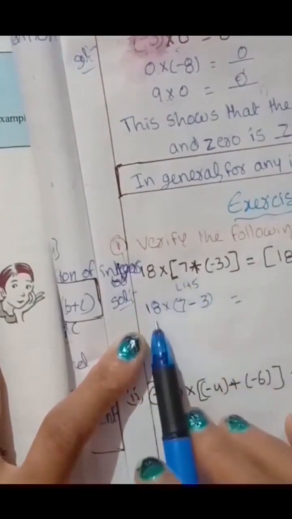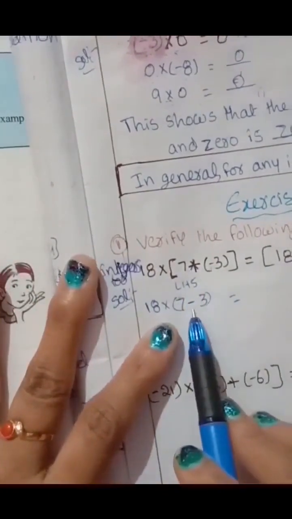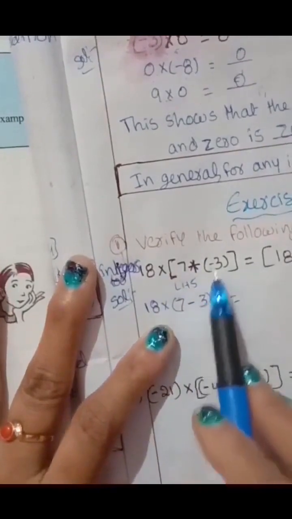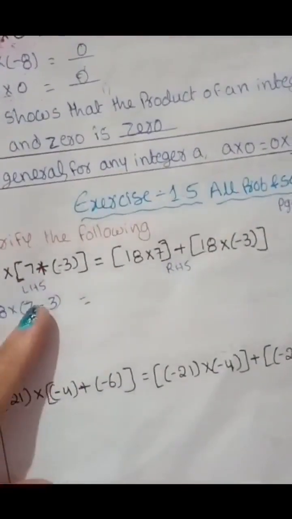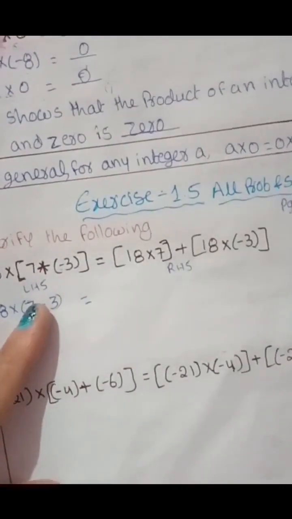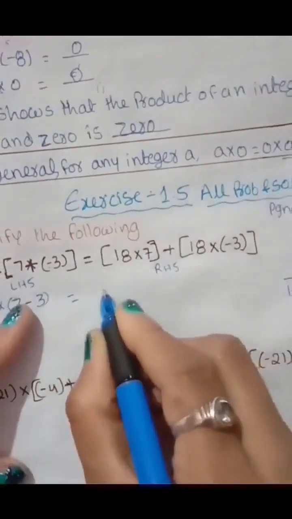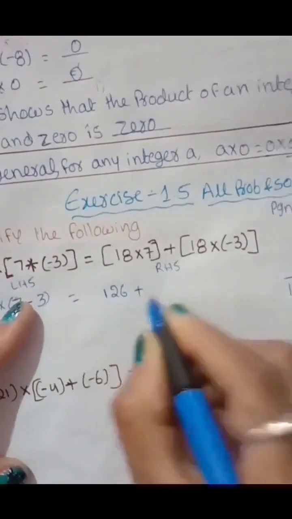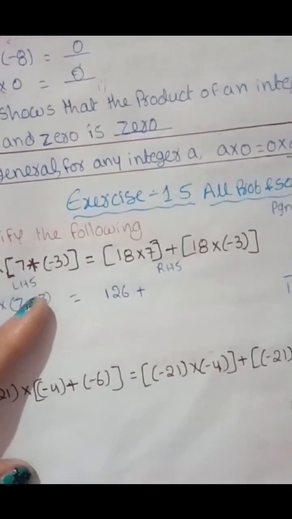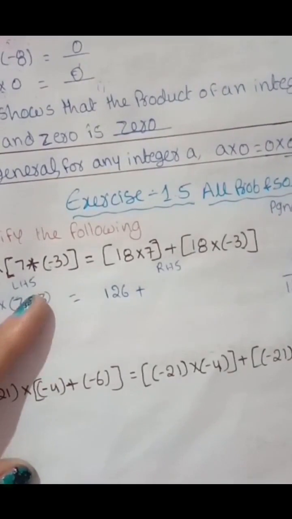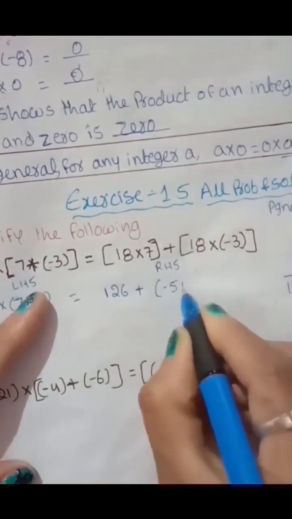LHS means 18 cross (7 minus 3). Next, 18 cross 7: 7 8s are 56, 7 1s are 7, 7 plus 5 is 12, so 126. Then plus 18 cross minus 3: 3 8s are 24, 3 1s are 3, plus 2 is 5, so minus 54.